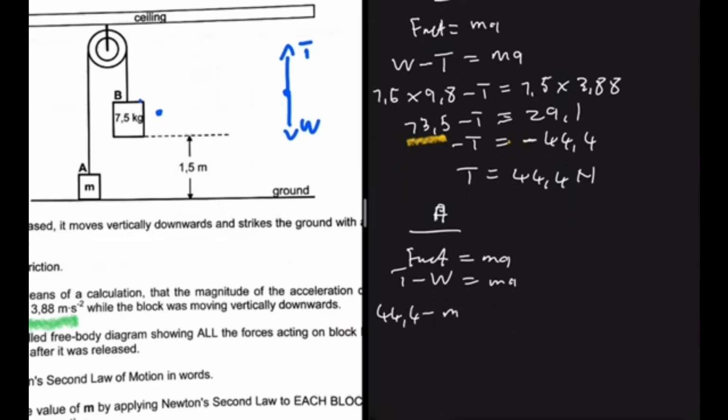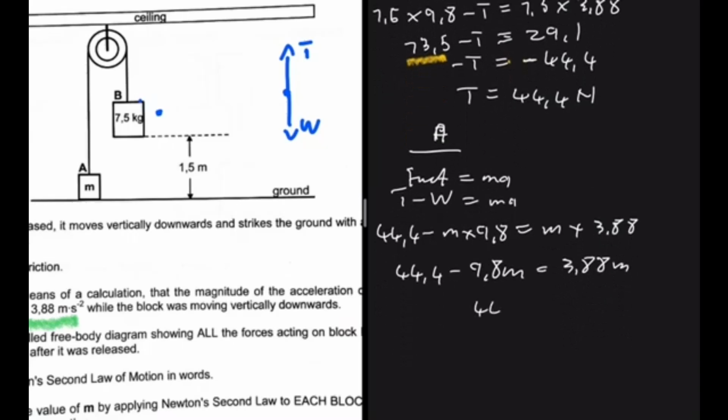The weight should be M multiplied by 9.8, is equal to the mass multiplied by the acceleration, which is 3.88. Right, so we're gonna have 44.4 minus 9.8 M is equal to 3.88 M.